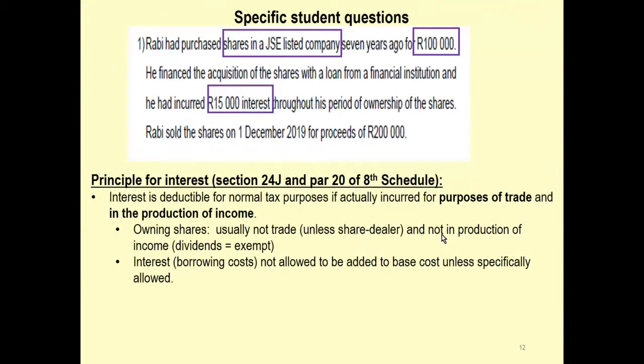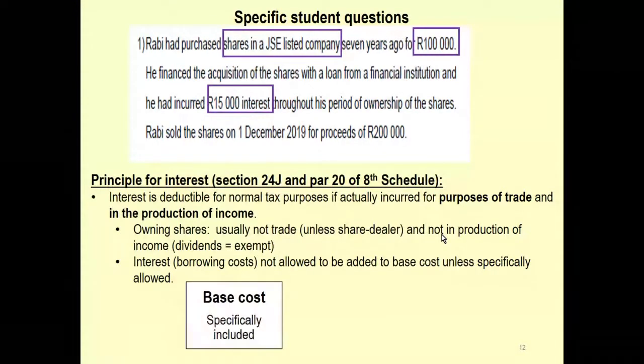When we look at base cost, we have certain amounts that are specifically included, and certain amounts that are specifically excluded. One of the things that is specifically not allowed is borrowing costs or interest, but there is a specific inclusion for certain types of interest. If you look at the list of what is included in base cost, I just quickly want to refer you to the slide in your study pack.